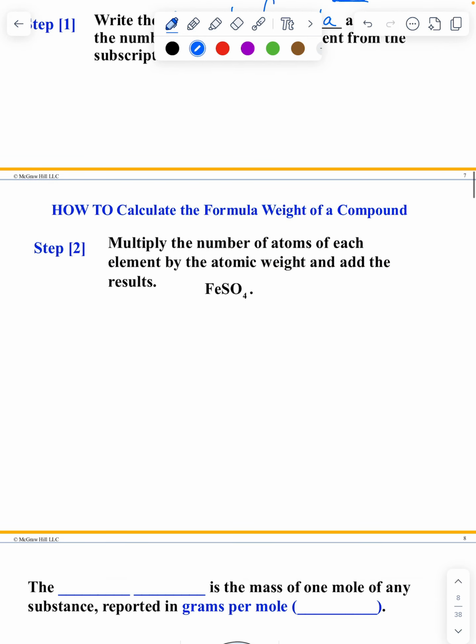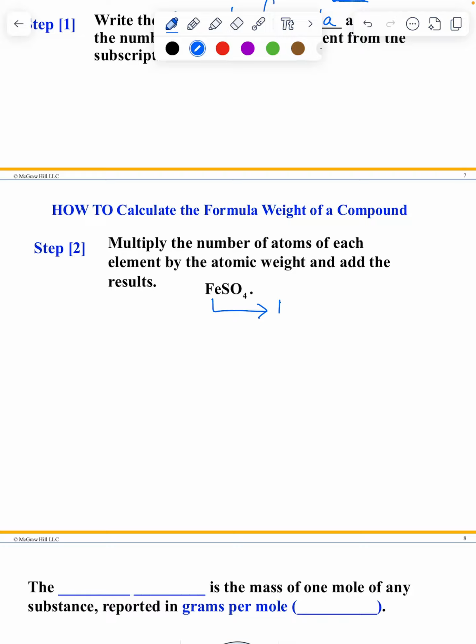Step 2 then is to multiply the number of atoms of each element by the atomic weight, and then you add up the results. And so this is how I like to go about setting up the problem. I write out my chemical formula, and then I draw this little arrow, and I want to count how many iron atoms I have.